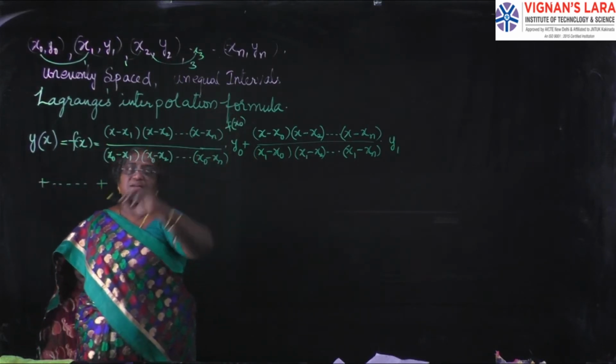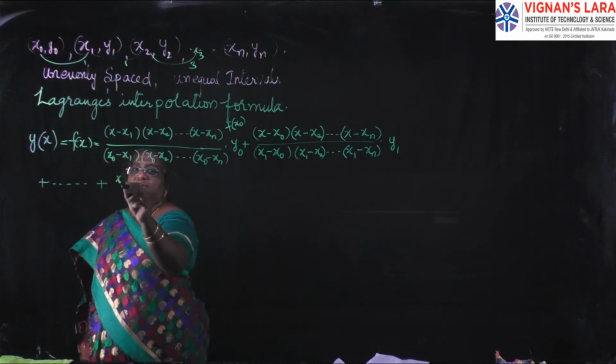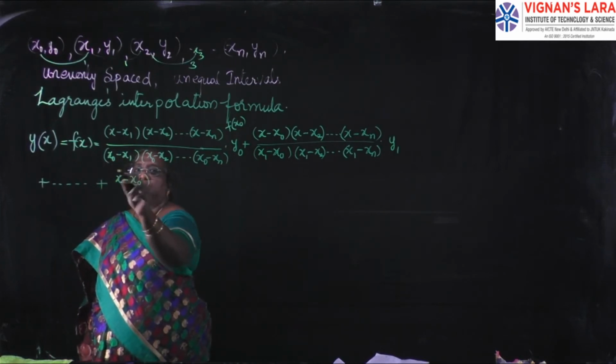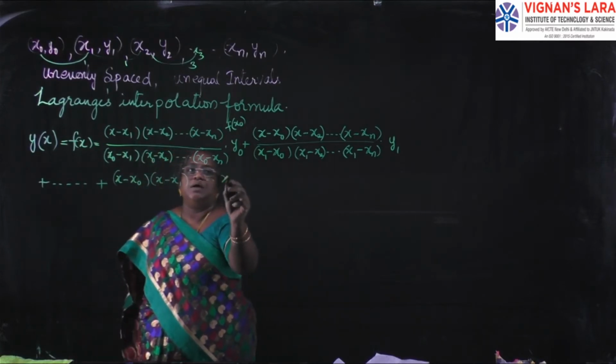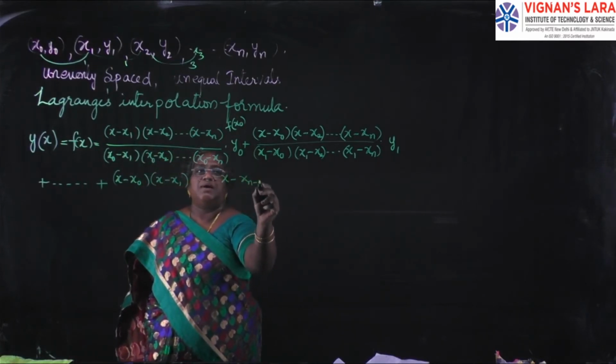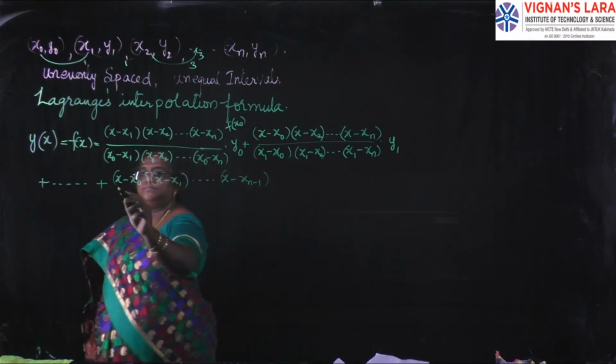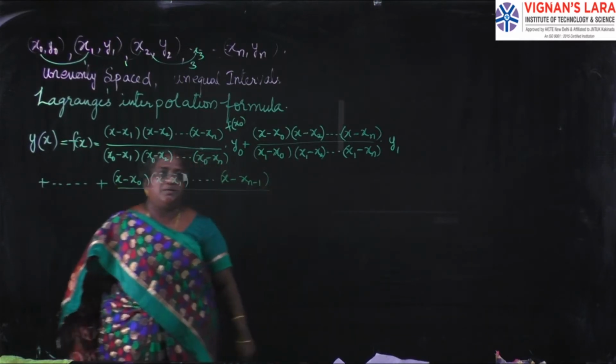So we have taken xn, yn. So this time x minus x0, x minus x1, and so on, x minus xn minus 1 by, what is missing in the term here? xn.